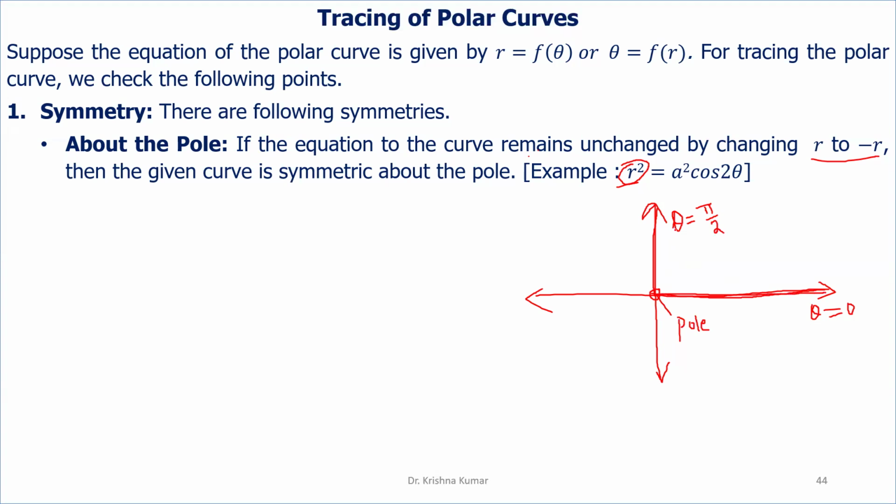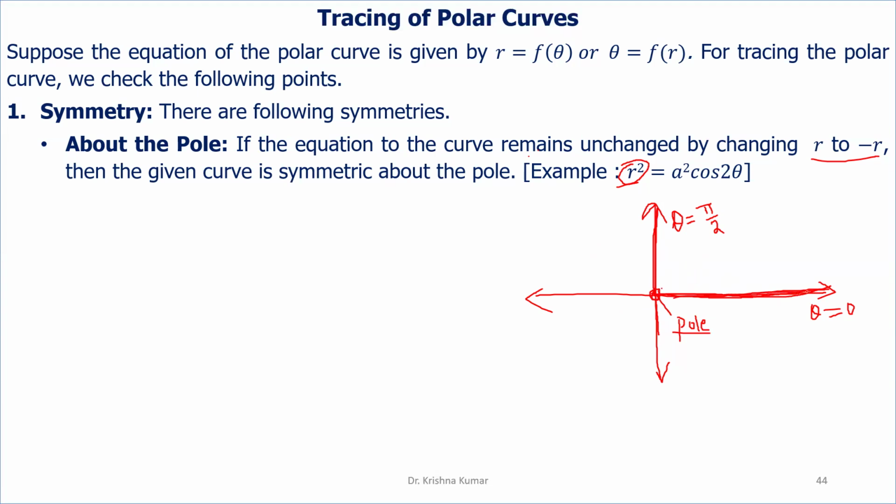What is the second name? Either we say the line theta equal to pi by 2, or we say a line which is perpendicular to the initial line theta equal to 0 at the pole. So there are three things over here. The origin is called the pole in the case of a polar curve.